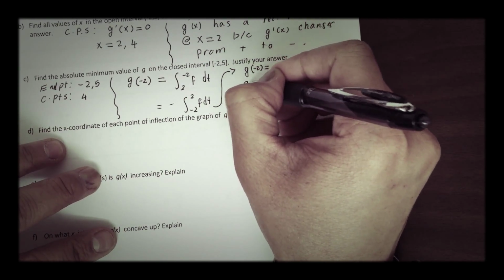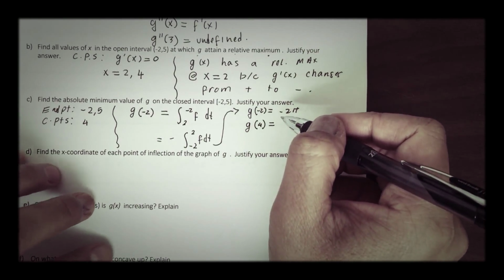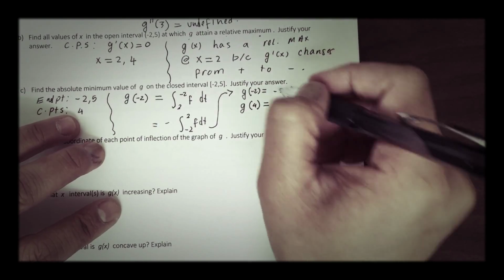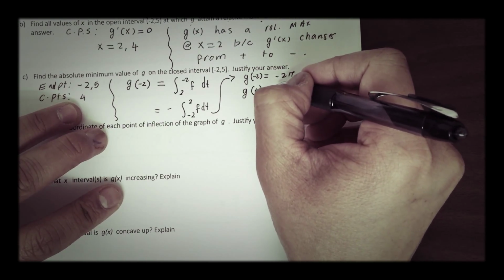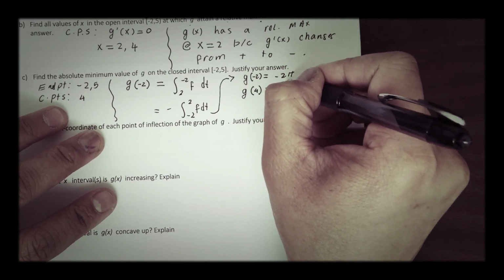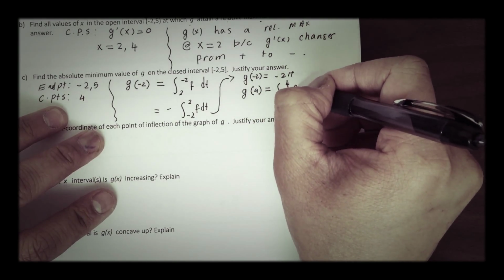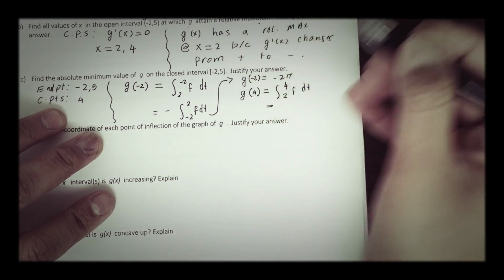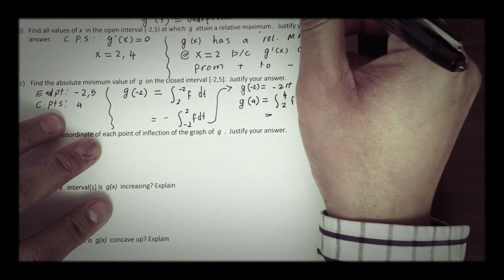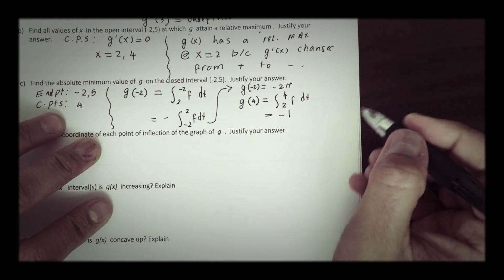We also need to check g of 4, which is one of the critical points. So g of 4 is the area from 2 to 4 of the function f. From 2 to 4, that area is 1, so it's going to have -1 as its output.